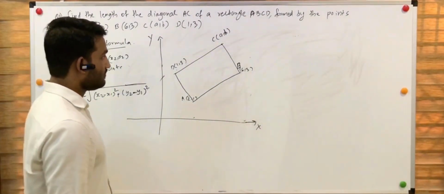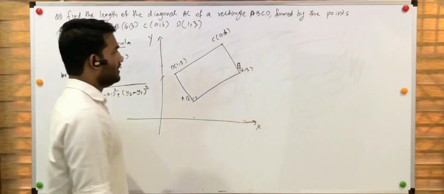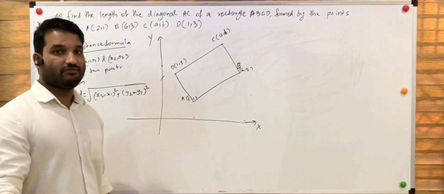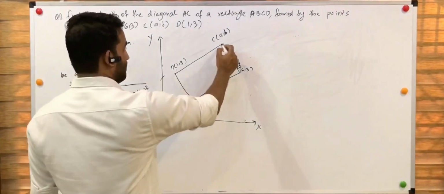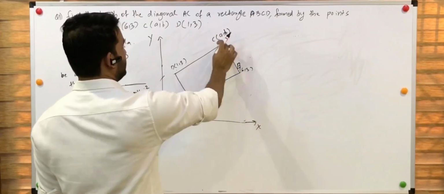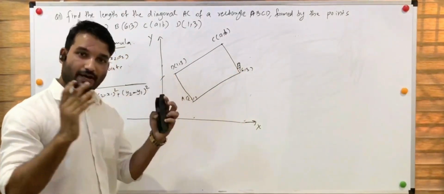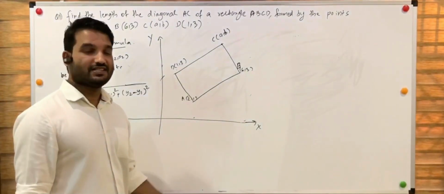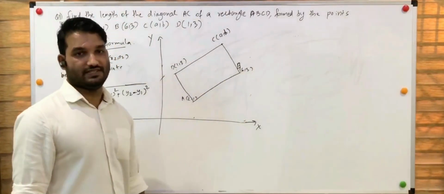So here, if you look to find the coordinates of C, that would be very, very difficult because the line segment containing this point is neither parallel to the x-axis nor parallel to the y-axis. So in this case, we cannot find the coordinates of C.